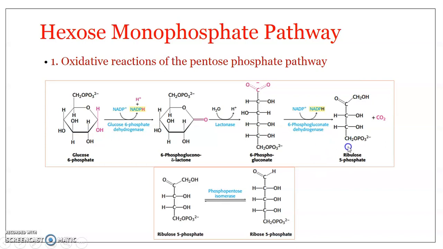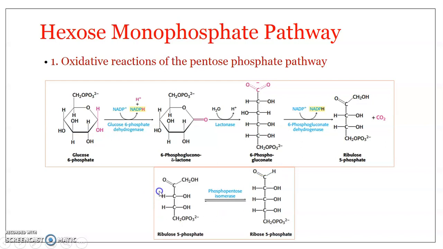But before that, it can undergo interconversion. The interconversion of the pentose phosphates: ribulose 5-phosphate can undergo reversible isomerization to produce ribose 5-phosphate, which is an aldopentose. You can see it is an aldose, right? CHO.